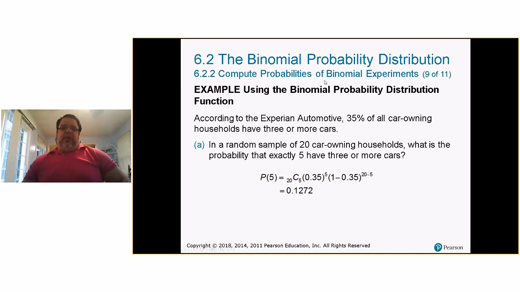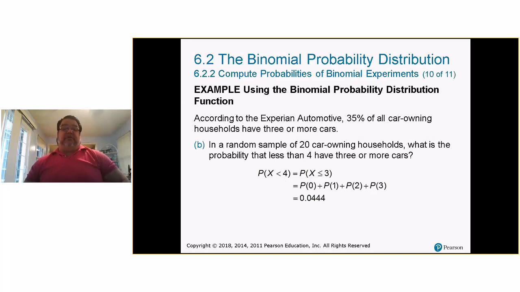Anyway, you would type in second bars, binomial PDF, and you would type in N equal to 20, P equal to 0.35, and X equal to 5. And then, of course, this is less than or equal to 3, so as we just said, 3 or less.